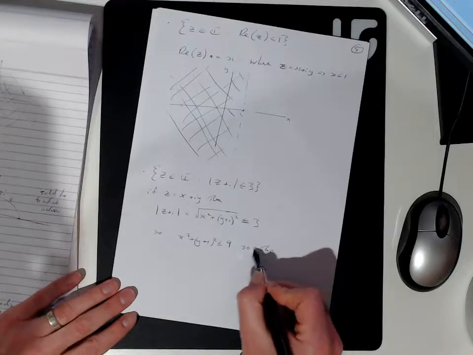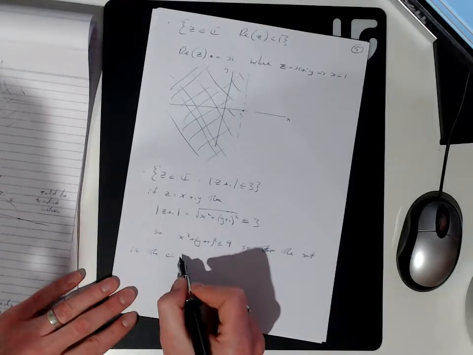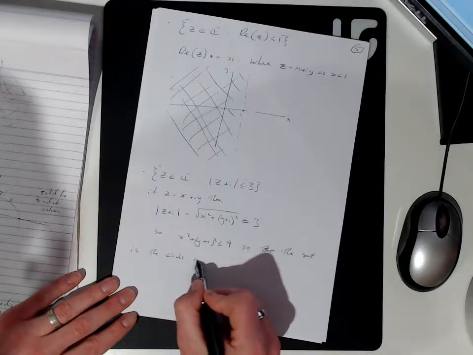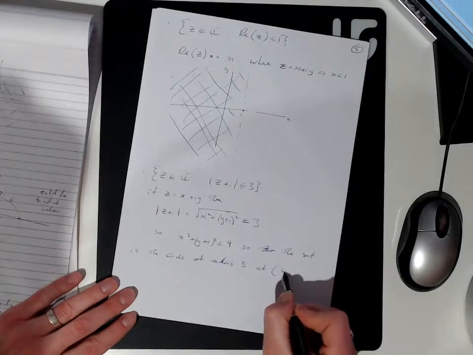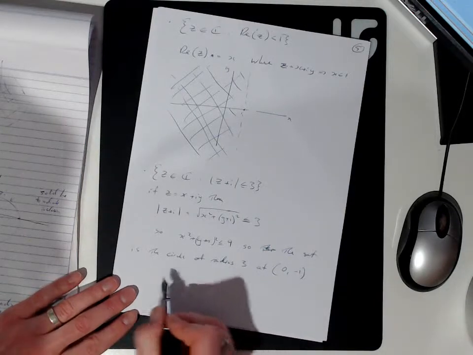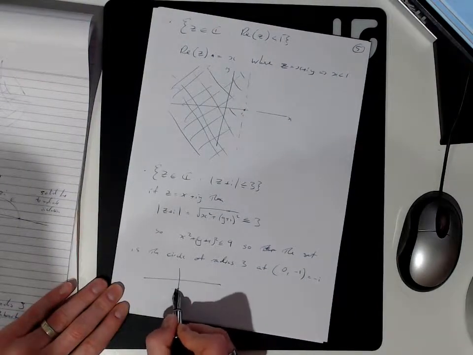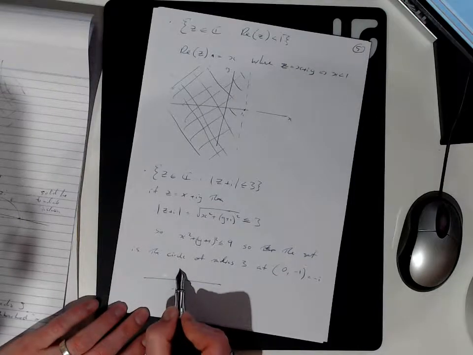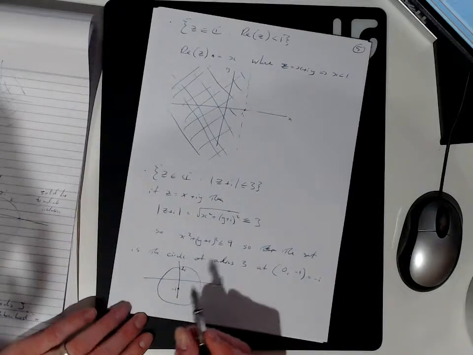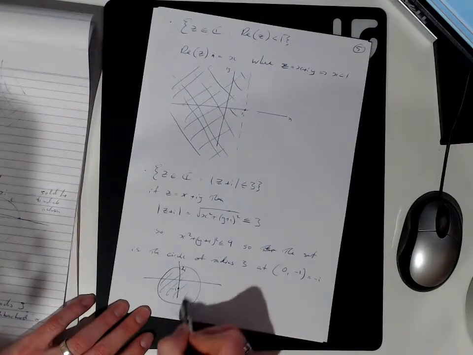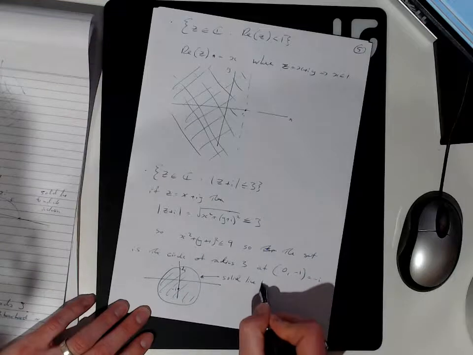So the set is a circle of radius 3 at 0 minus 1, which is equal to minus i. This is minus i. Radius 3. It's going to be 2i. And it's less than or equal to, so fill that in as well. And we have a solid line to indicate membership.